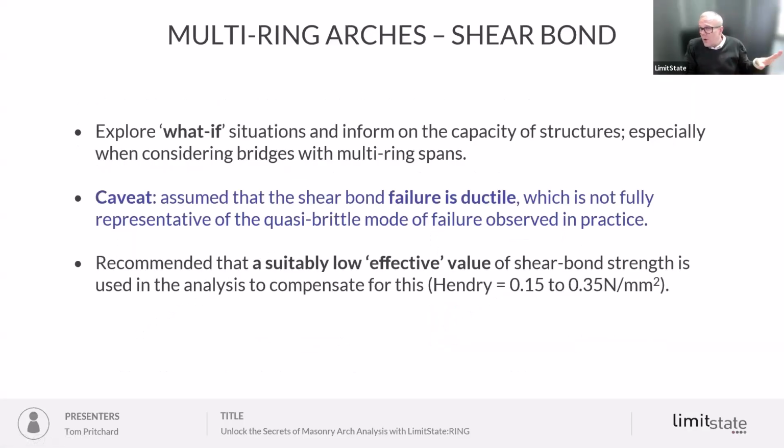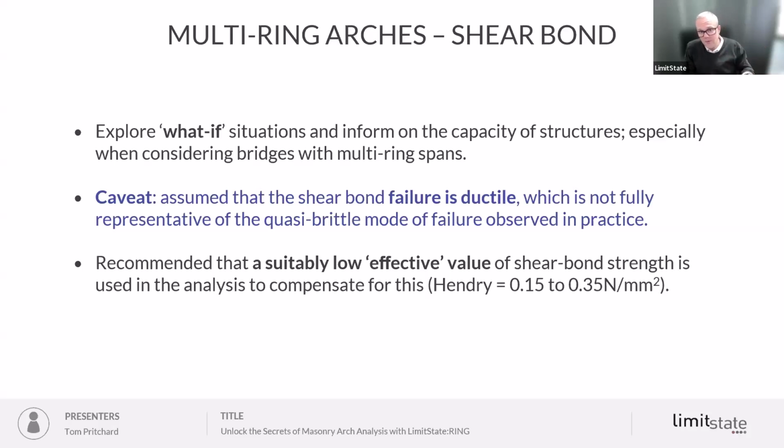It allows you to explore what-if scenarios and better understand the capacity of structures, particularly, like we say, for bridges with multi-ring spans. But there is a key caveat: Ring assumes the shear bond failure is ductile, which doesn't fully represent the quasi-brittle behavior that we often observe in practice with delamination.